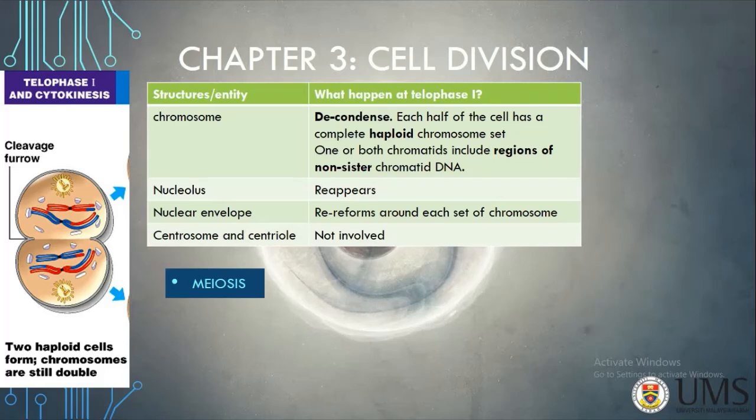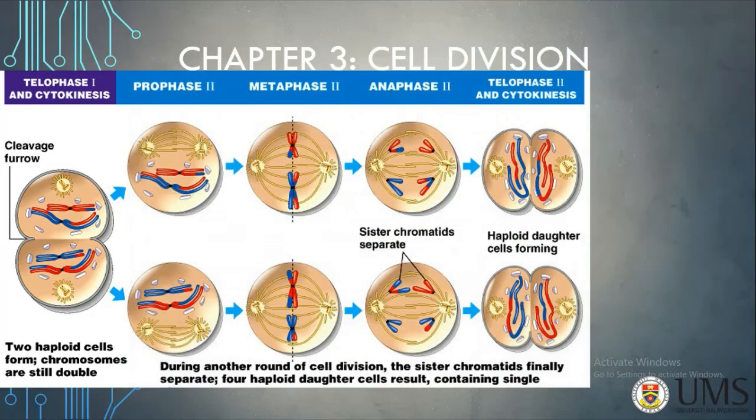Remember, during prophase 1, crossing over occurs that allows the exchange of genetic material between two non-sister chromatids. This causes one or both chromatids to include regions of non-sister chromatid DNA during telophase 1. So after telophase 1, the cell will produce two new daughter cells with half of the chromosome number.